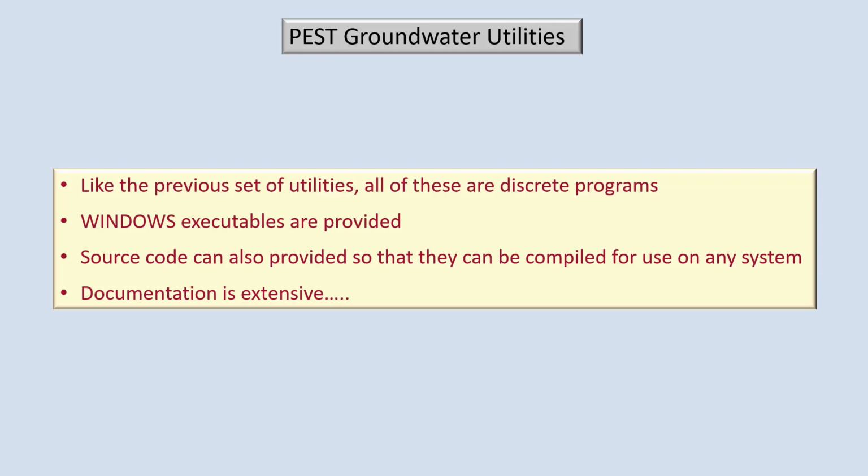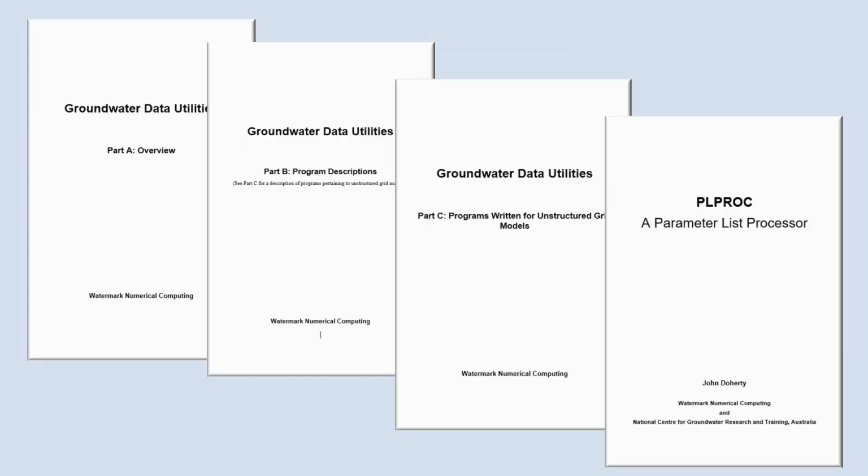Like all software we've talked about so far in this video, the utilities which comprise this suite comprise discrete programs for which Windows executables are provided. Alternatively, or as well, source code can be provided so that you can compile them for use on a Linux system. Like all other programs we've discussed so far, documentation is extensive.